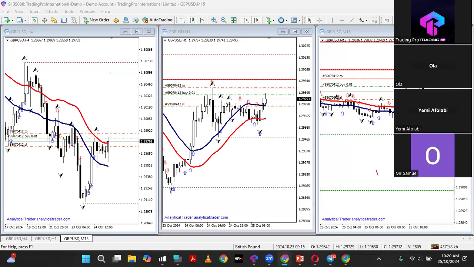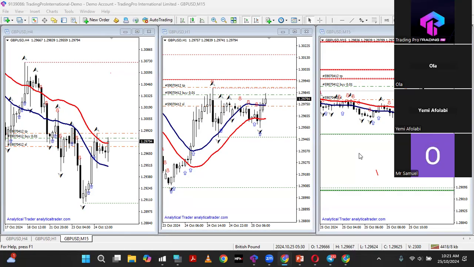When you see price move like this, remember I talked about retracement? When price moves in one direction, most often it's going to move back in the opposite direction.